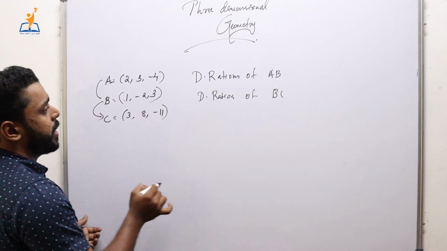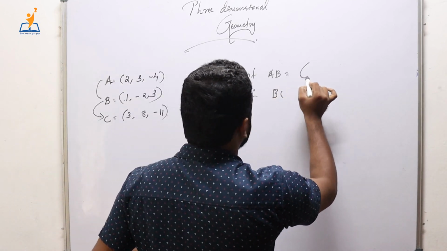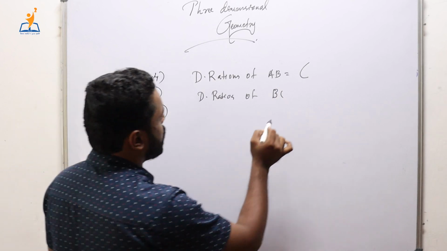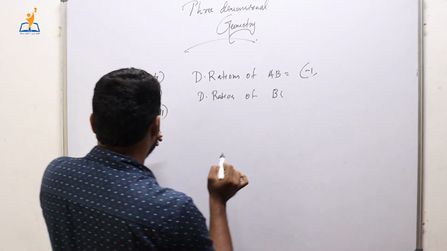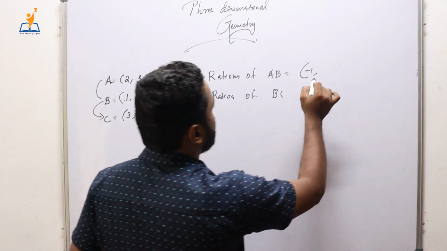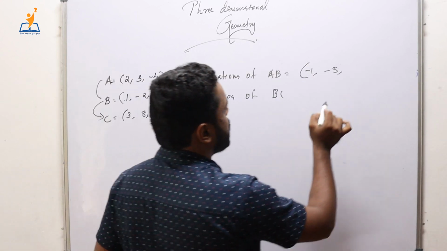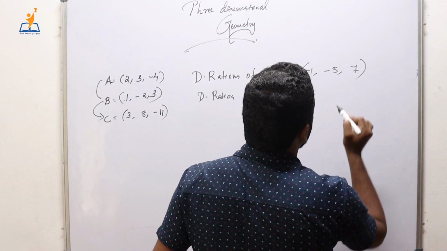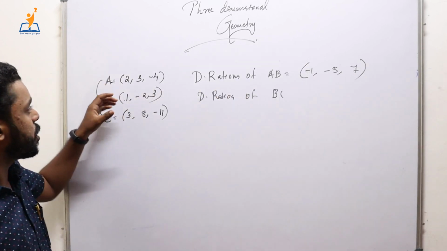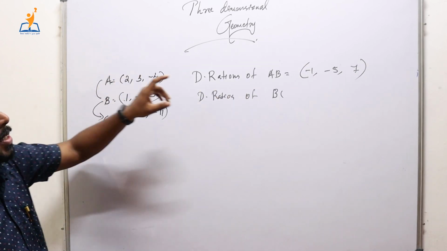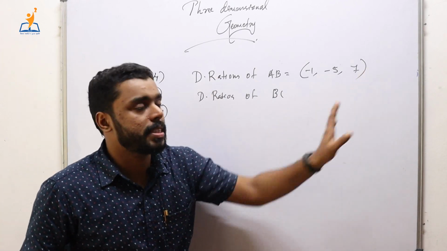The direction ratios of AB: first component 1 minus 2, which is minus 1, second component minus 2 minus 3, which is minus 5, and the third component 3 minus minus 4, which is 7. So we get the direction ratios of the line AB as minus 1, minus 5, 7.